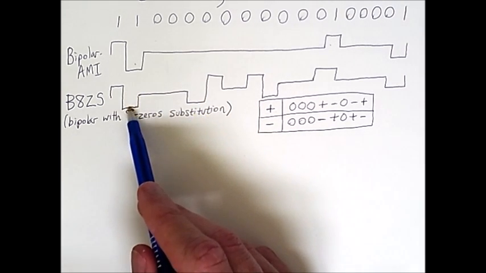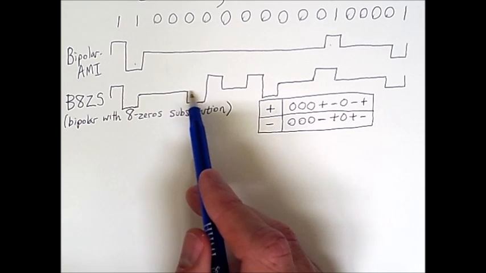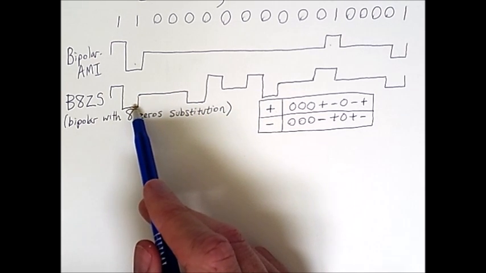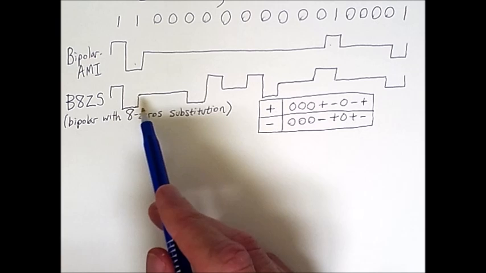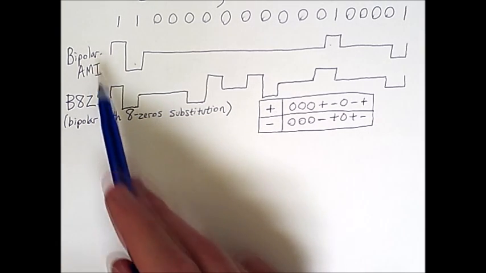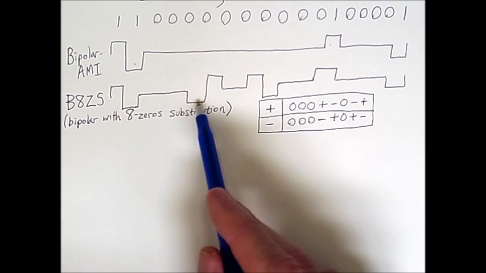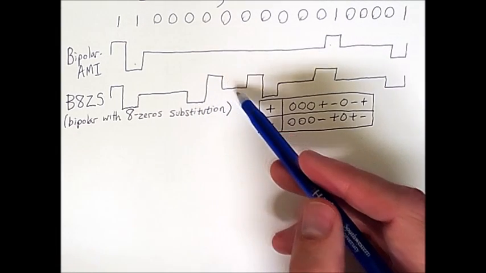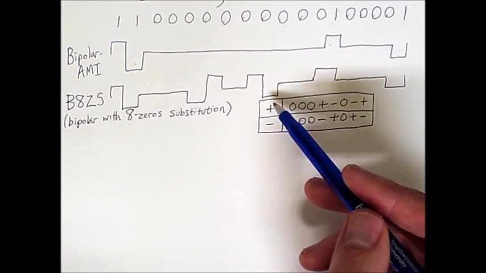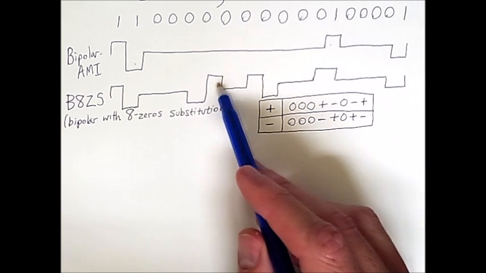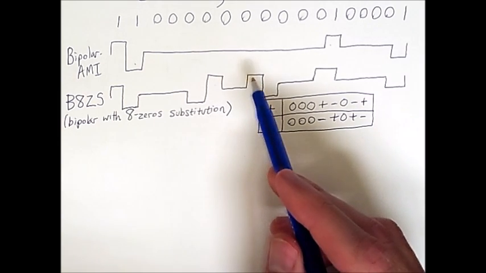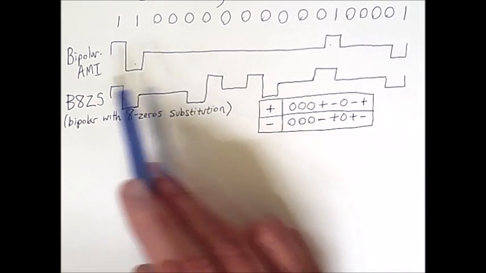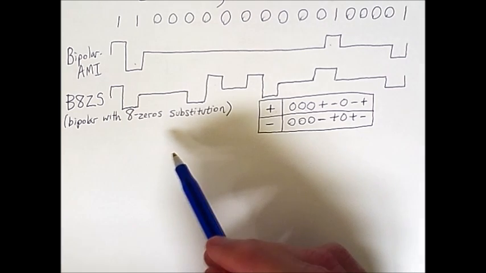Having a negative voltage follow another negative voltage like this is actually a violation of the encoding rules for bipolar AMI. Then after this violation, we have a positive voltage, a 0, a positive, then a negative again. These two positive voltages in a row are also a violation of the regular bipolar AMI encoding scheme.